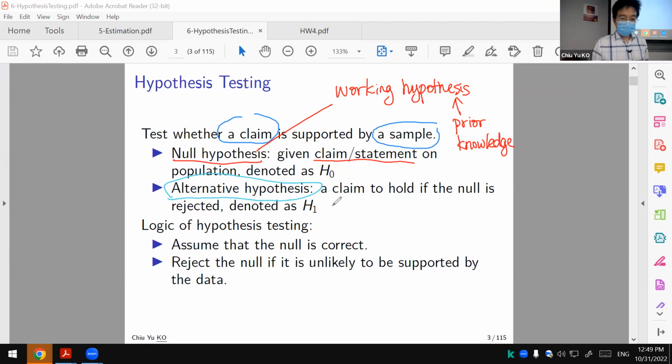Usually the easiest case is that null and alternative are complements. The null is innocent, the alternative is guilty. That is the case in court.